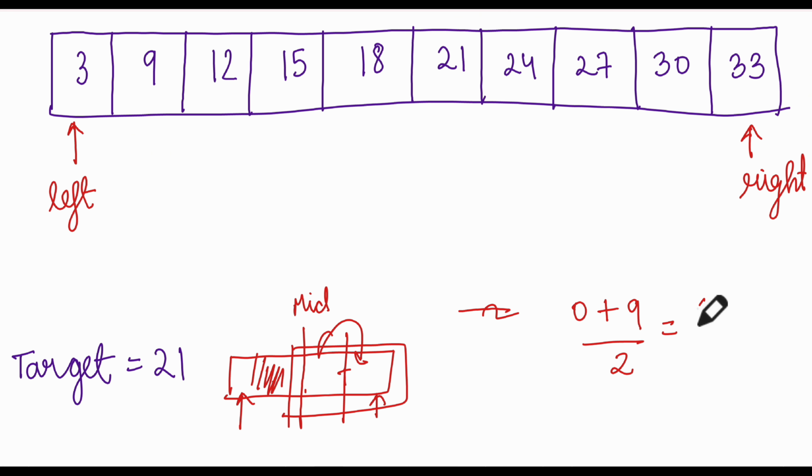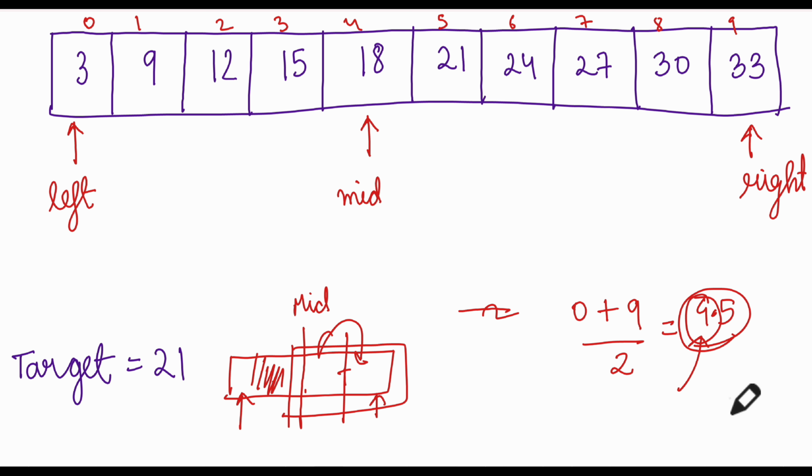This will give me 4.5, so I have to take the quotient part, which is 4. What is my index here? If you see 0, 1, 2, 3, 4, 5, 6, 7, 8, 9, this will be my midpoint for this particular scenario, the index 4, which we just calculated.